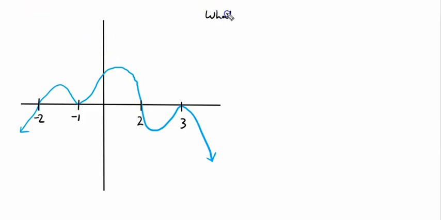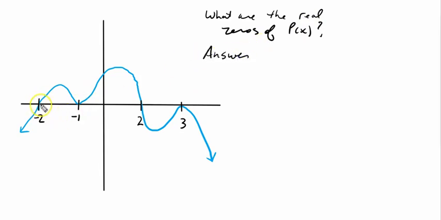So what are the zeros? Well, I can certainly see what the real zeros are, because if you have a real zero, you get an x-intercept. So the answer is I have a 0 at negative 2, at negative 1, at 2, and at 3. Now, what can we say about the multiplicities?